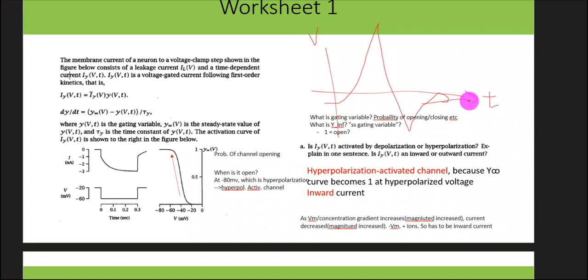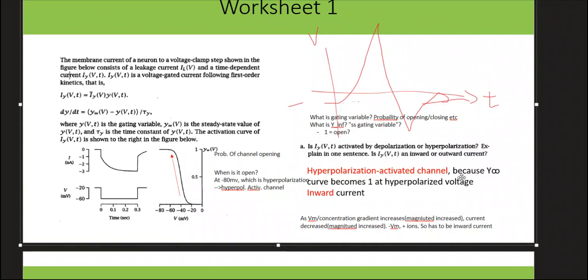Then this is the resting membrane voltage. When it goes below the resting membrane voltage, we call it hyperpolarization. And this is usually negative 60-ish, 60 to 80, but any millivolt. Anyway, so that's what it is.